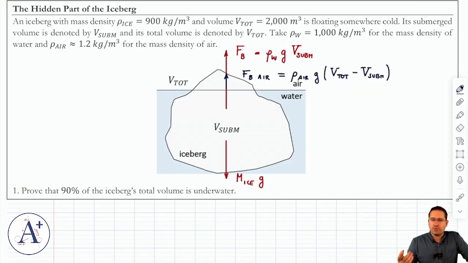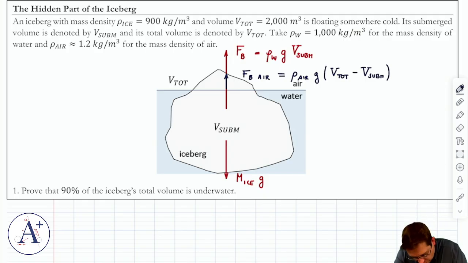So now 10% is 0.1 times rho air, which is 1,000 times smaller. We're getting a buoyant force from air that is 10,000 times smaller than the buoyant force due to water, which makes it completely negligible, right? In other words, put simply, the iceberg floats because of the buoyant force due to water, not because of the buoyant force due to air.